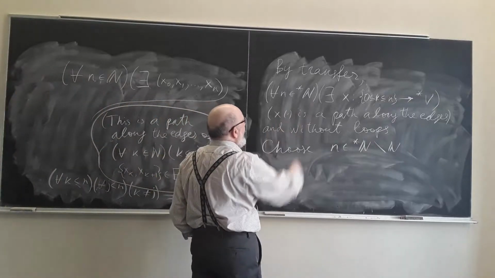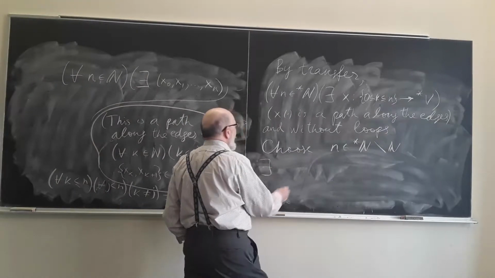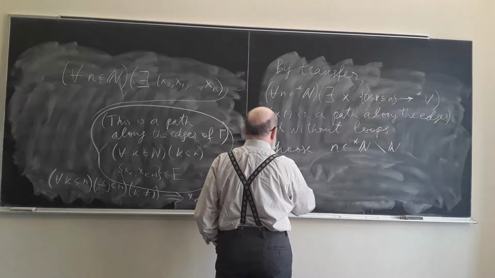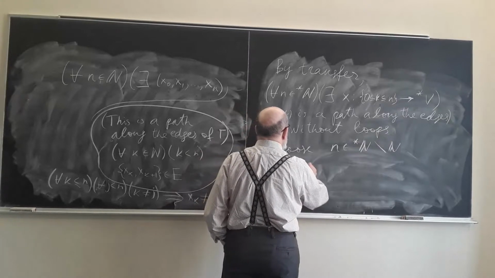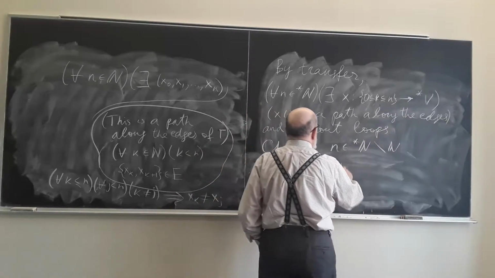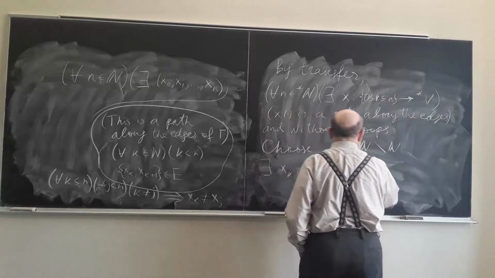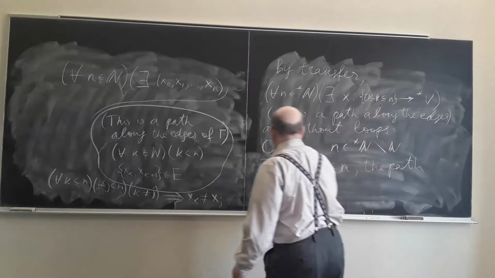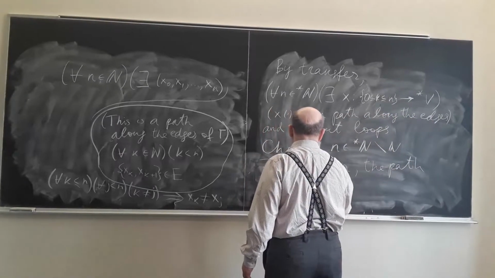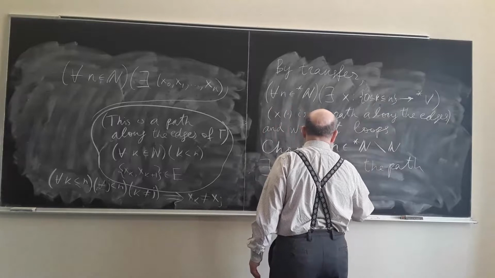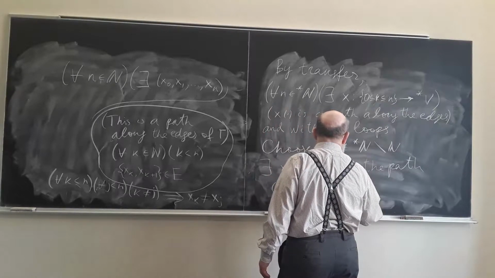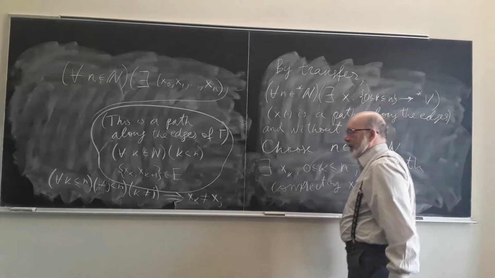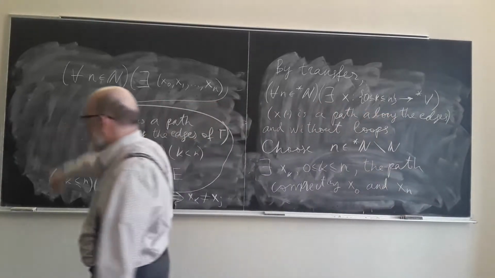There exists xk, the path connecting x0 and xn. Yeah? The path along the edges.